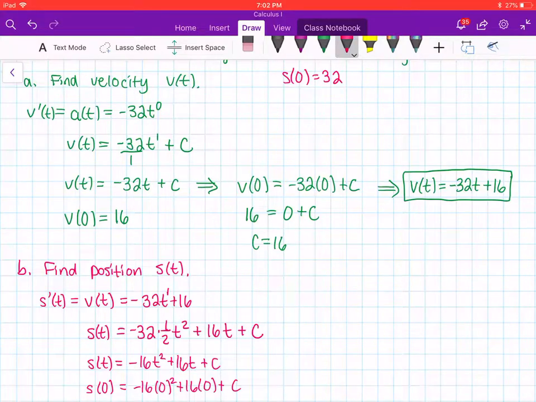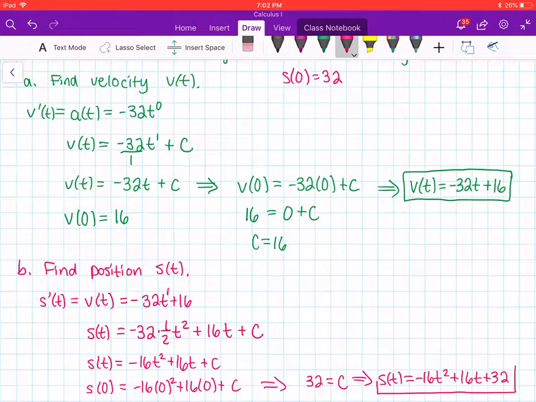On the other hand, we know that s of 0 is 32, so 0 plus 0 plus c equals 32. So c equals 32 in this case. So our position function equals negative 16t squared plus 16t plus 32. And there's our position function.